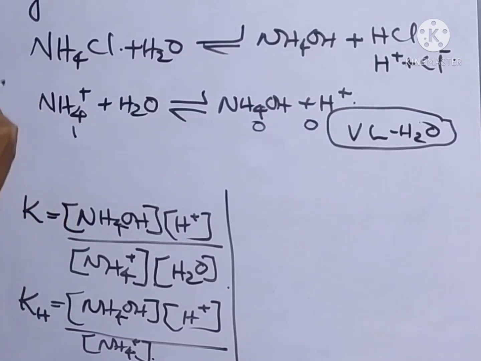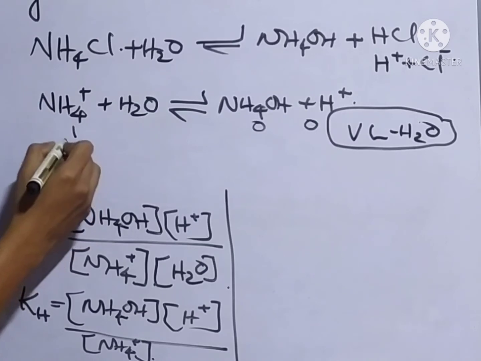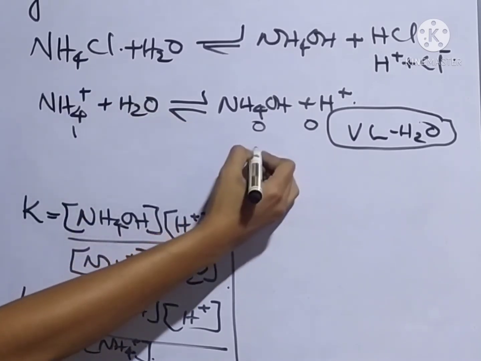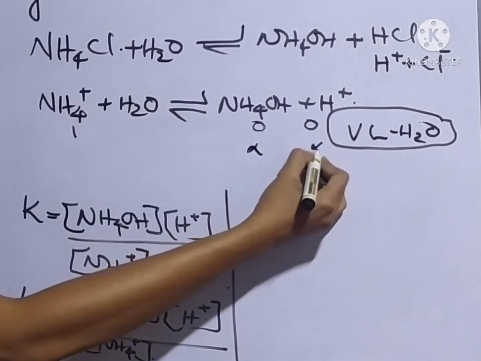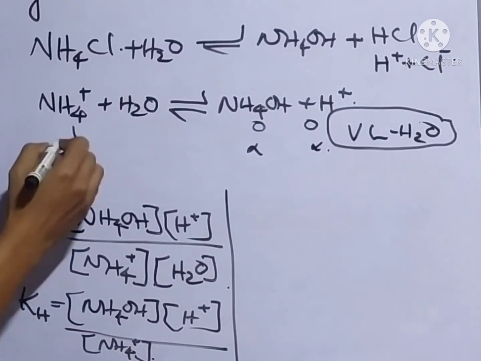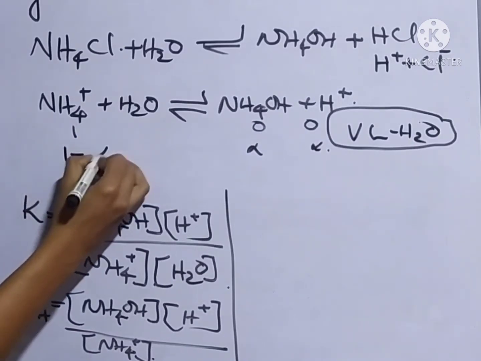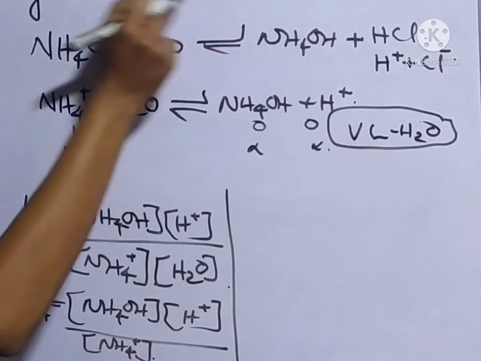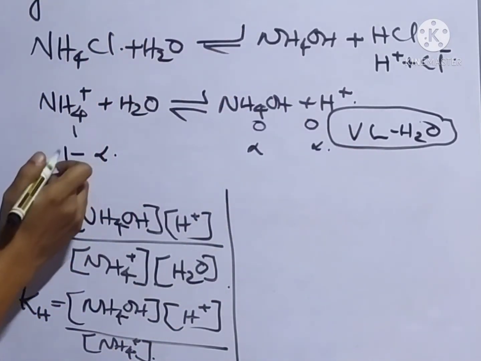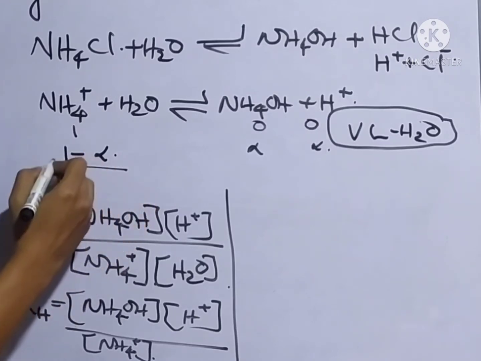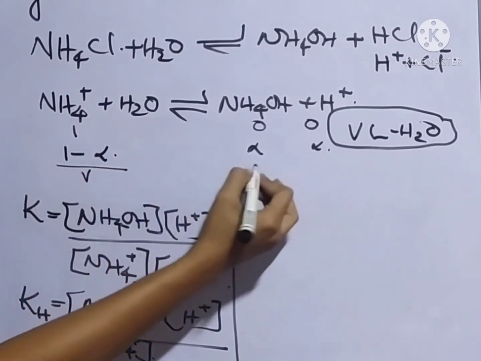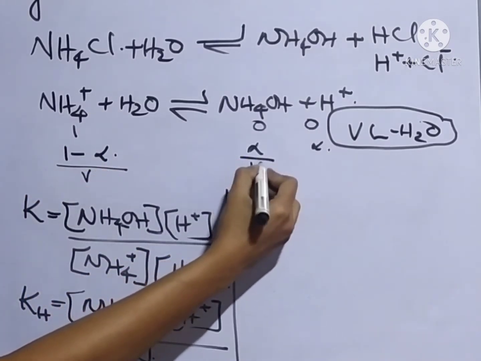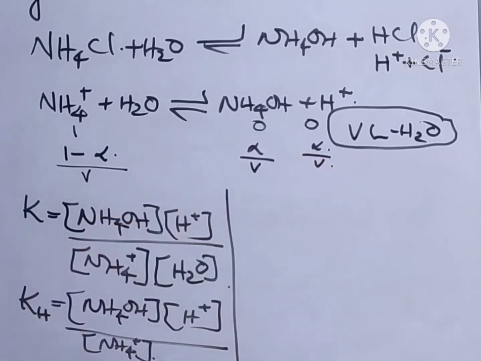When hydrolysis occurs, imagine alpha amount of NH4OH and H+ ions are formed, then the ammonium chloride converts to 1 minus alpha. Since V volume of water is used, we can take it as 1 minus alpha divided by V. Here alpha by V, and here also alpha by V.